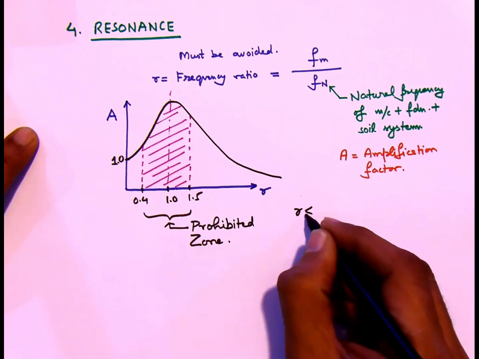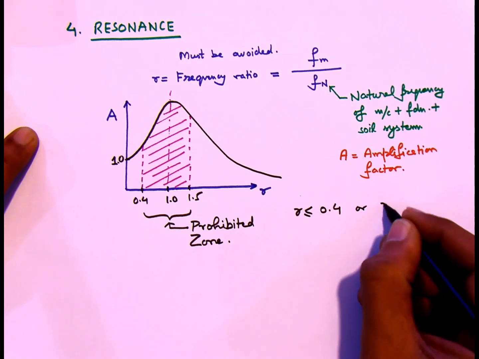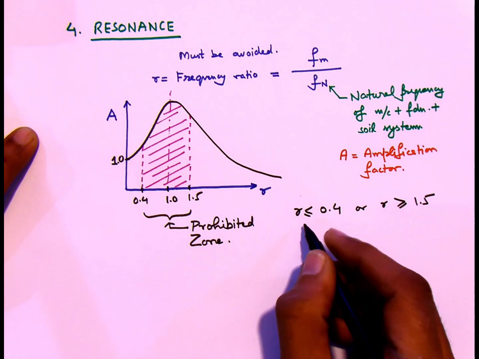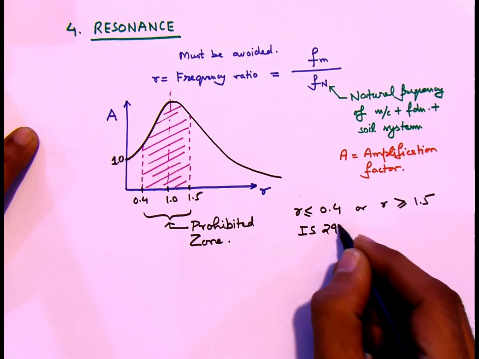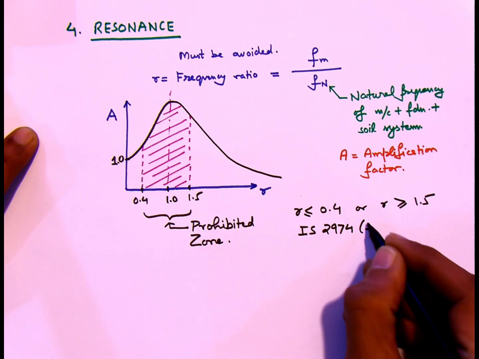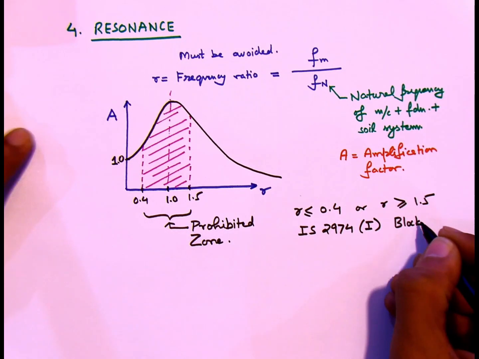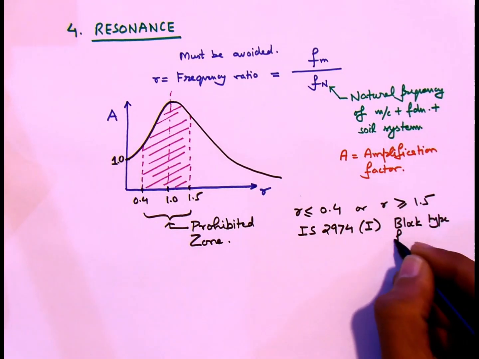Hence, the structural engineer must ensure that either the frequency ratio is less than or equal to 0.4, or it is greater than or equal to 1.5, and values in between 0.4 and 1.5 should be avoided. This is in accordance with IS 2974 part 1, which is specially for block type foundations.